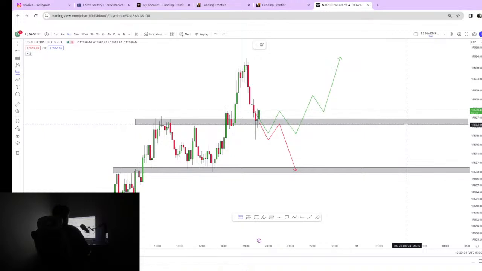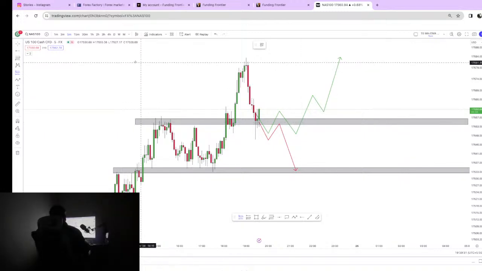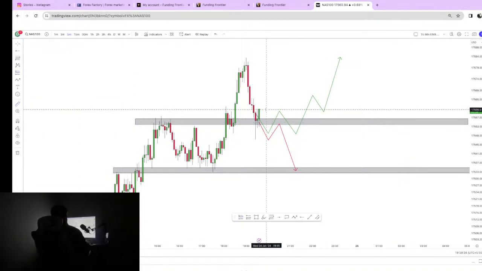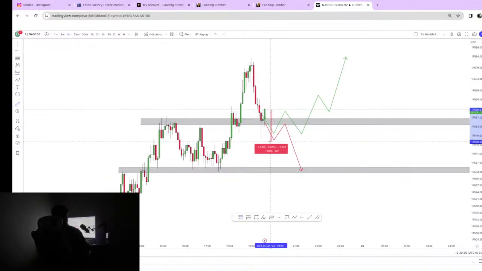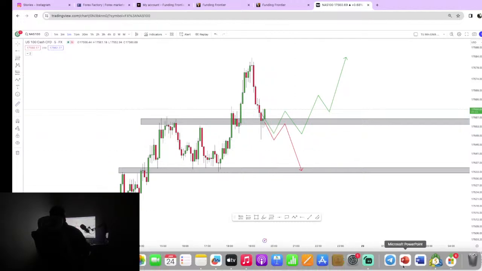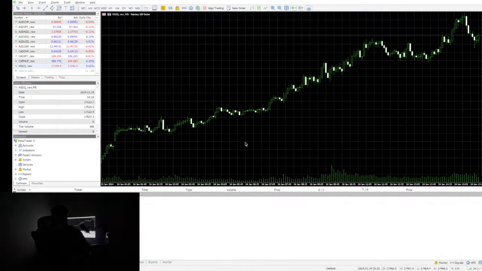We can't be very clear in this. So we can take a trade with a lower risk.